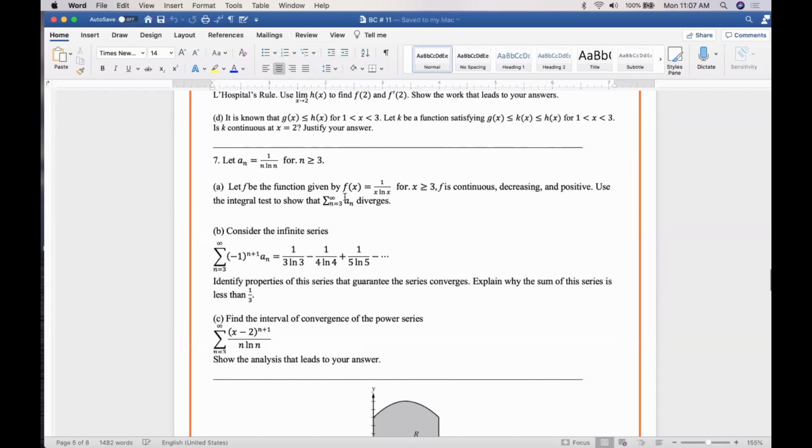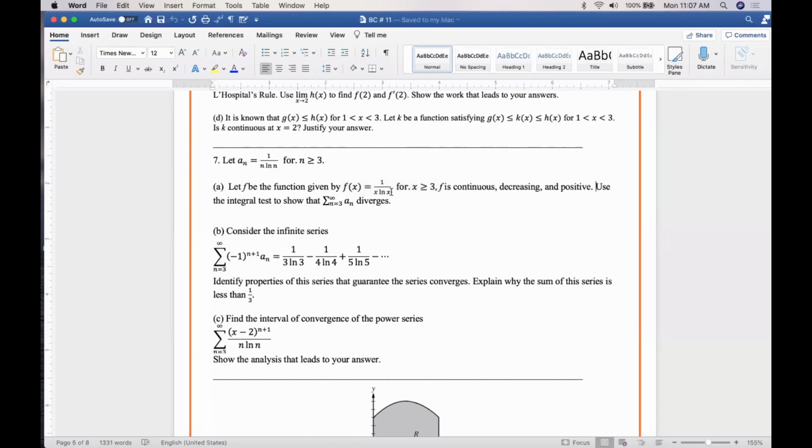Number 7. It says, let a sub n equal 1 over n ln of n for n greater than 3. Let f be the function this. For x greater than or equal to 3, f is continuous, decreasing, and positive.